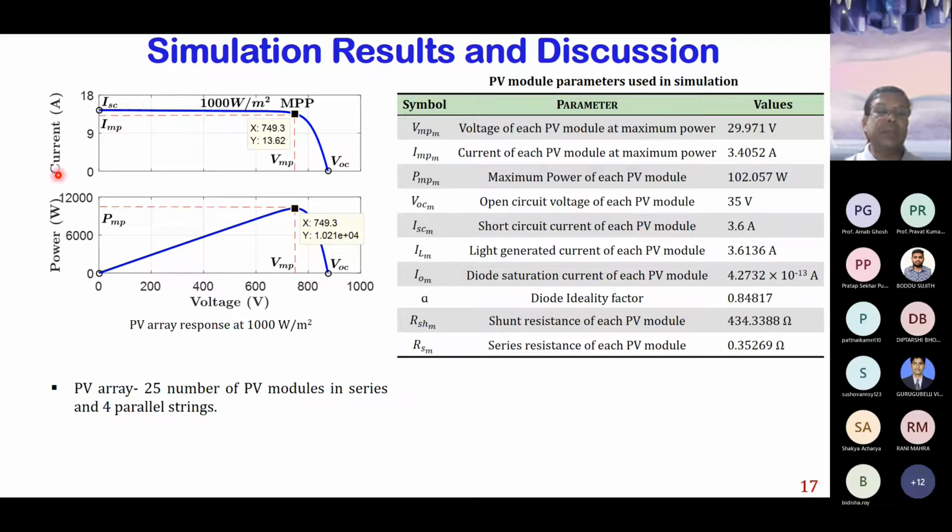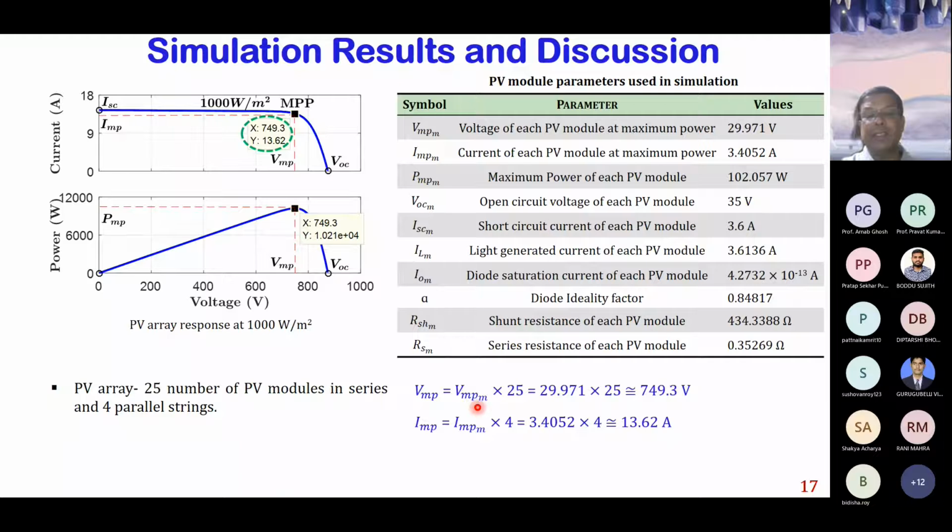These are basically the current and power characteristics of the PV array at 1000 watt per meter square radiation. There are 25 PV modules connected in series and 4 parallel strings. As you can see, this is the short circuit current and this is the open circuit voltage. And this is the PMPP.